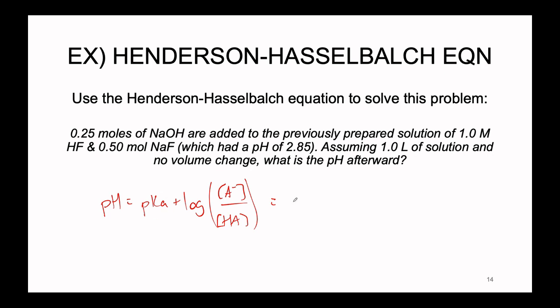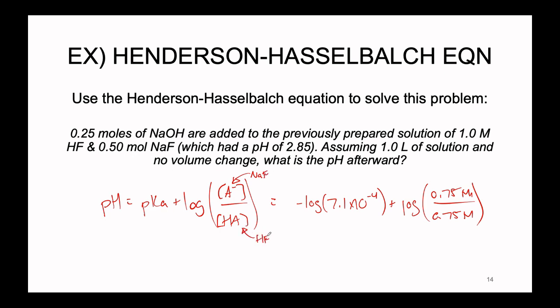The negative log of our Ka value, the negative log of the Ka is 7.1 times 10 to the negative 4, plus the log of 0.75 molar, all divided by 0.75 molar. Our A minus, which represents our conjugate base, in this case is going to be our sodium fluoride concentration. Our HA, or our weak acid, is going to be our HF concentration. They're both equal to 0.75, but just to be explicitly clear, that's where I'm plugging the information in.